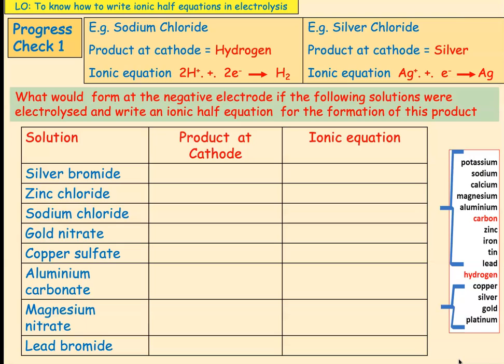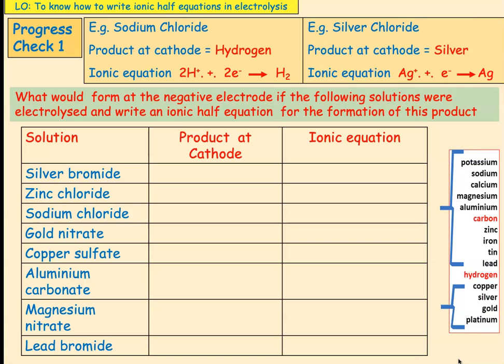So what I want us to do here, because we're just doing the cathode first, I want us to predict the substance that's made at the cathode, whether it be the metal or hydrogen, and write the ionic equation for the production of that product. I'll do the first one with you. So for instance, we've got silver bromide.